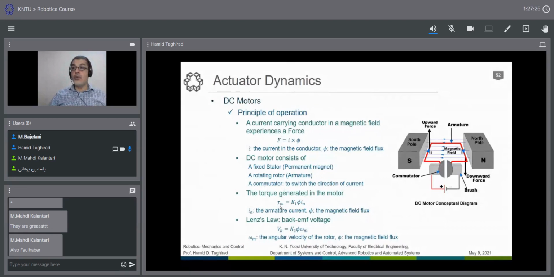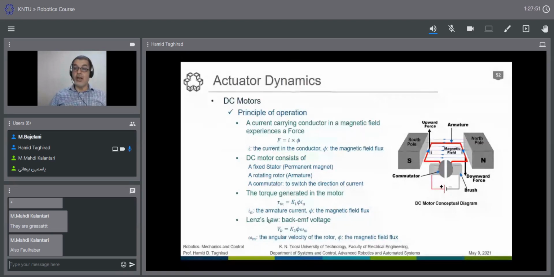The first one is the torque generated by this. For a simple loop current, we have K1 phi times I. The torque generated by one wire is related to the flux and to the current passing through the wire.